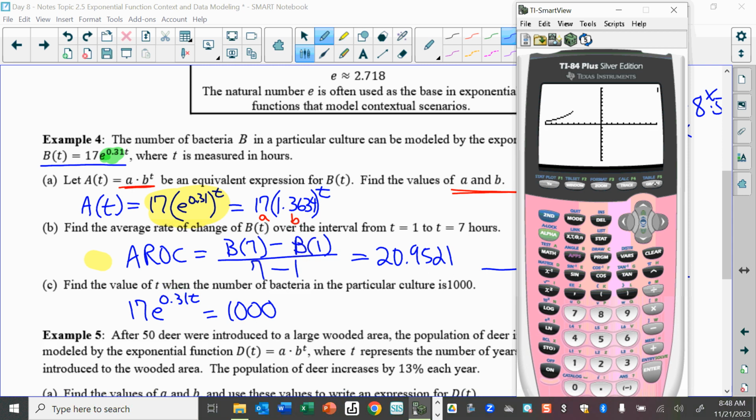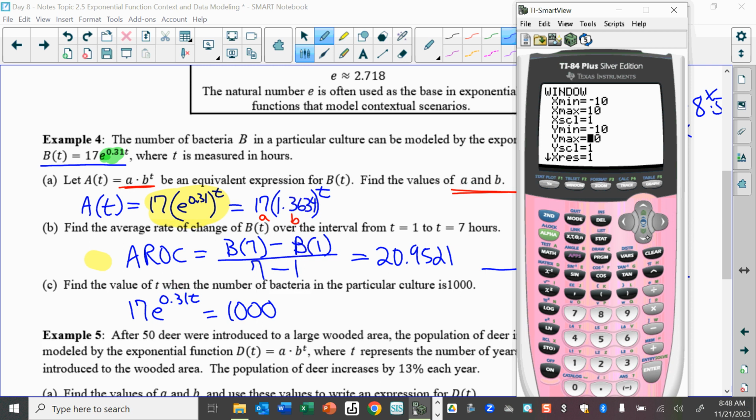Oh, there it comes, the other one. All right, it's really looking bad to me. I can't even see the 17. I can't even see where you crossed. And I definitely can't see 1,000. So what do you gotta do? Change my window. Change, more importantly, my what value? The y, the highest y. So basically, my y height, my window, I want to make sure that my height definitely gives me 1,000, right?